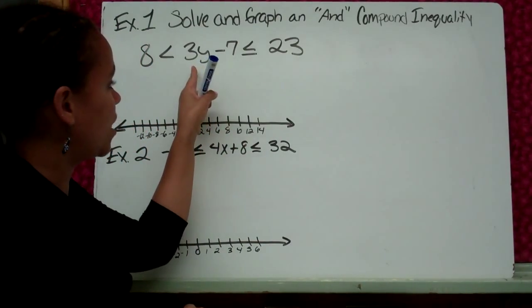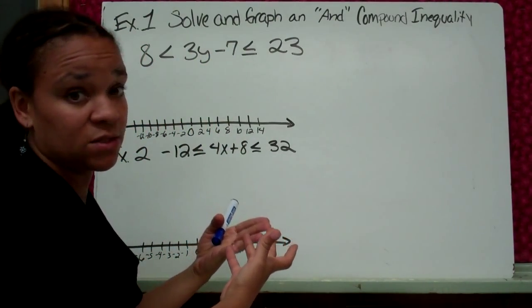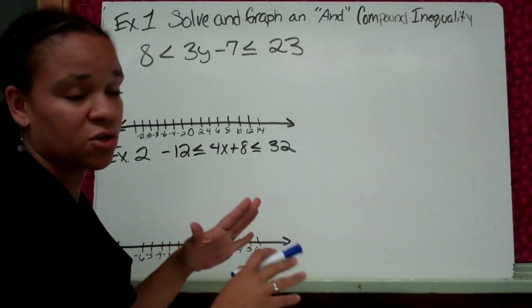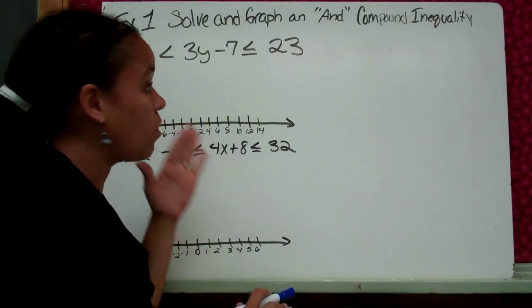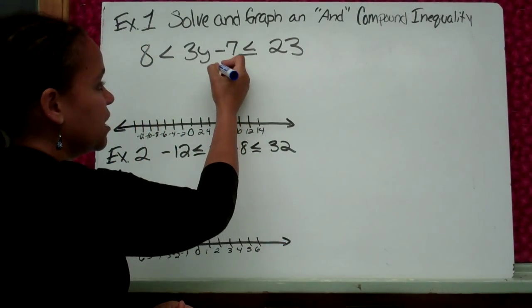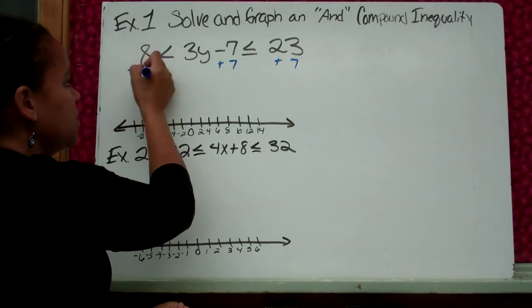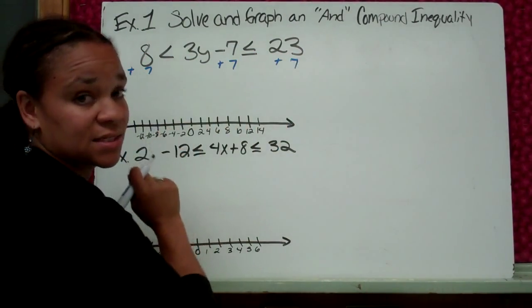Here, I'm trying to solve for y, and then that's what we're going to be graphing. So I want to get rid of the 7 and the 3, just like you would with a regular equation, except we have to do it on all three sides. The first thing I want to do is get rid of the 7, so I would need to add 7 to all three sides.